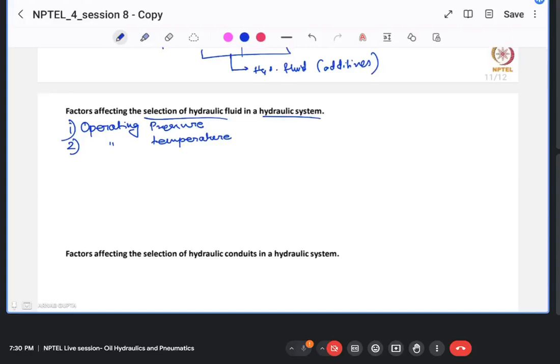So you need to heat up the system to allow the hydraulic fluid to start flowing. A defreezer is required in such cases.